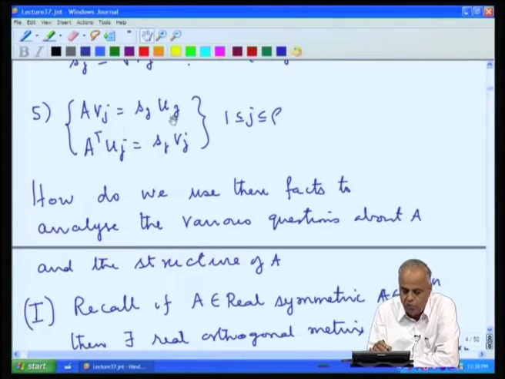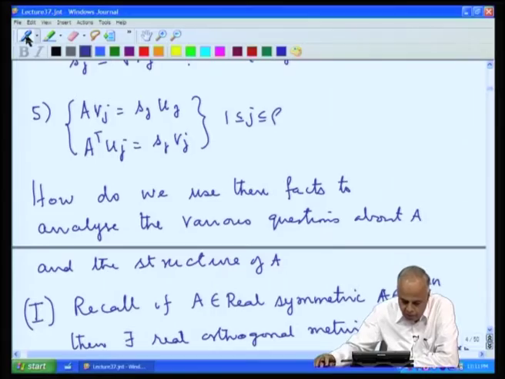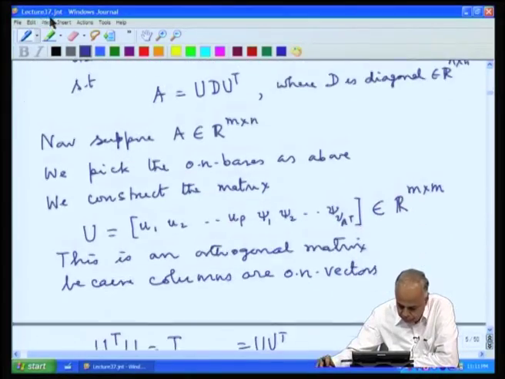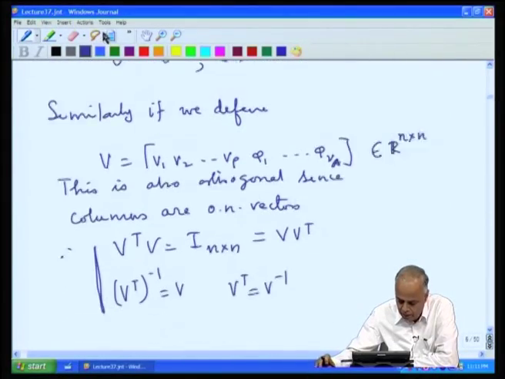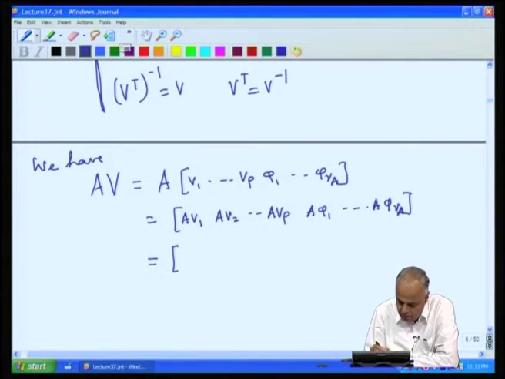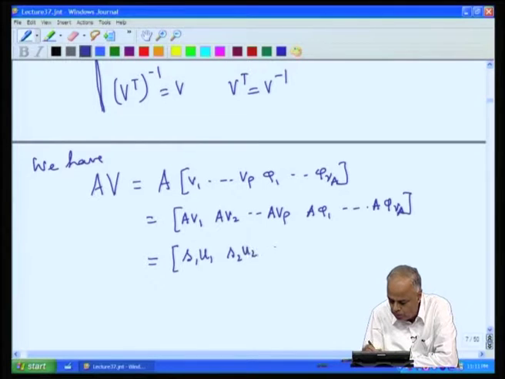So, A V 1 will be S 1 U 1, A V 2 will be S 2 U 2 and so on. We use that fact, and therefore, we can write this as S 1 U 1, then S 2 U 2, S rho U rho.